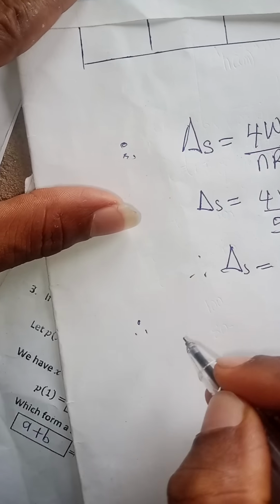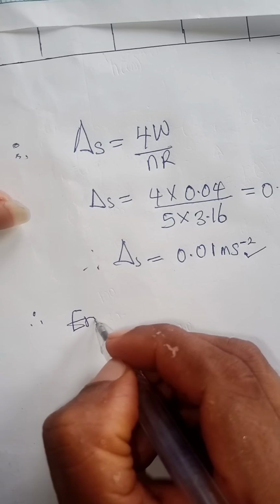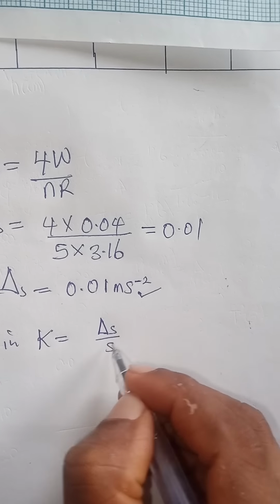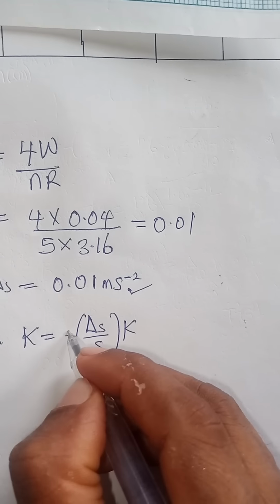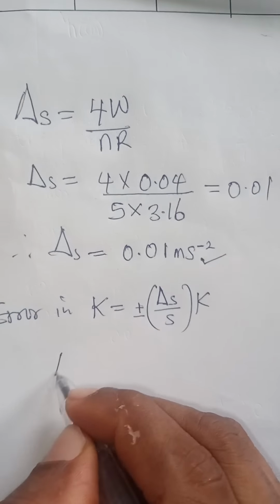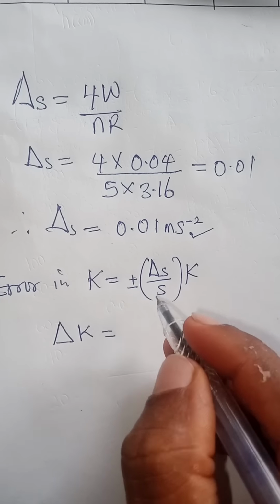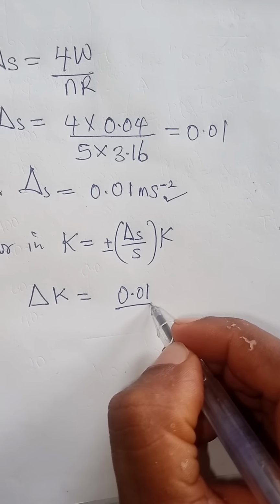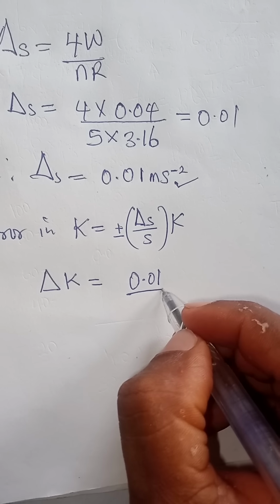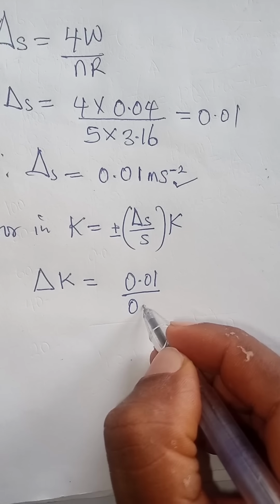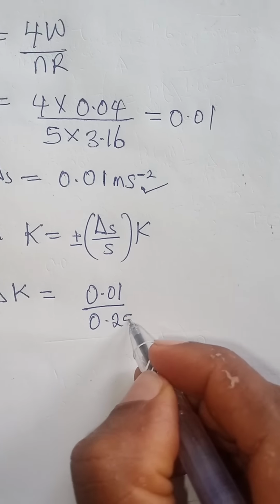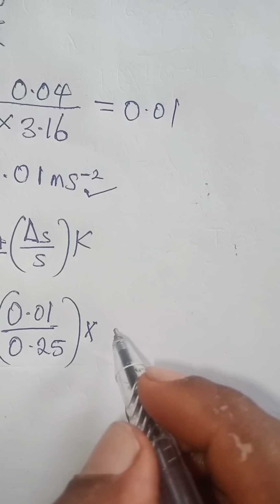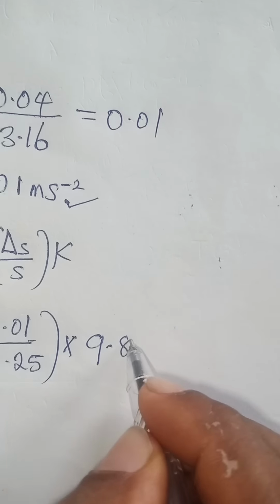So we need to find error in K now. Error in K is equal to error in S all over S, multiplied by K, plus or minus. So error in K is now equal to error in S, which is 0.01, divided by the slope, which is 0.25, multiplied by my K, which is 9.87.